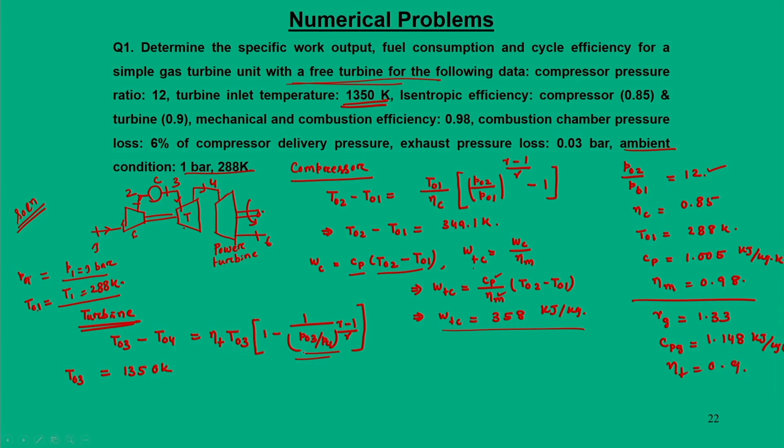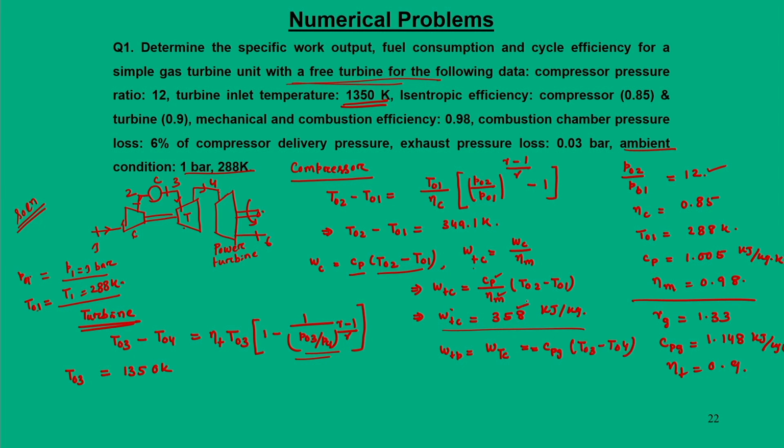Then from this equation we know all these parameters. So T03 is known, but T04 is still not known. To calculate T04 we have to take Wtp equal to Wtc, since the turbine drives the compressor, that is Cpg into T03 minus T04.